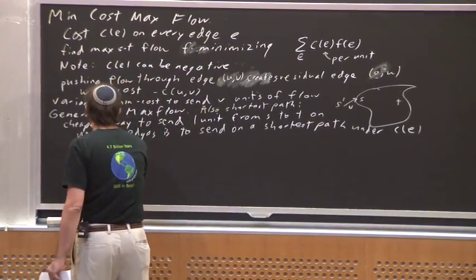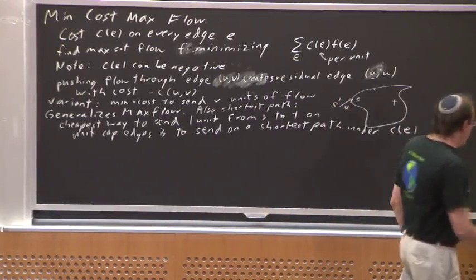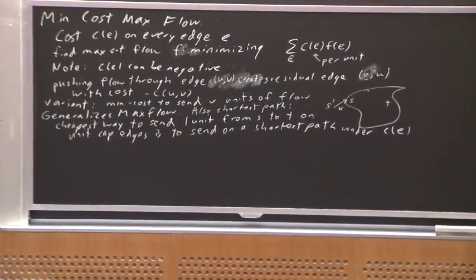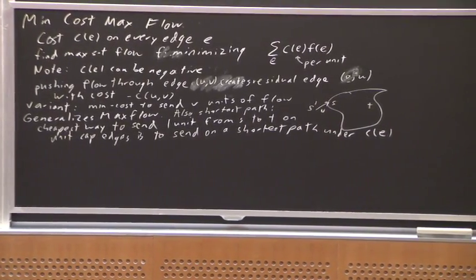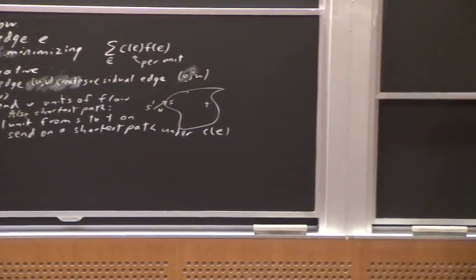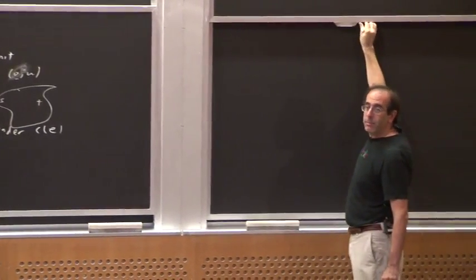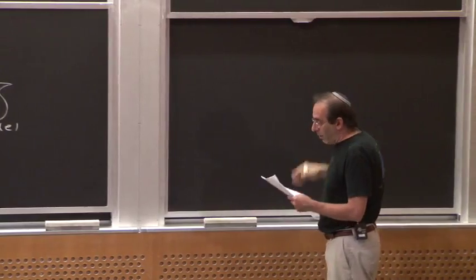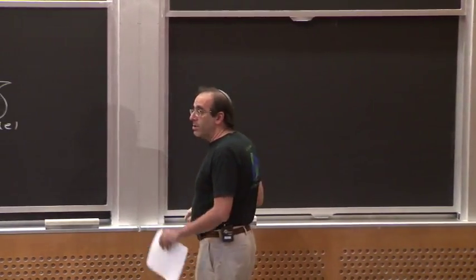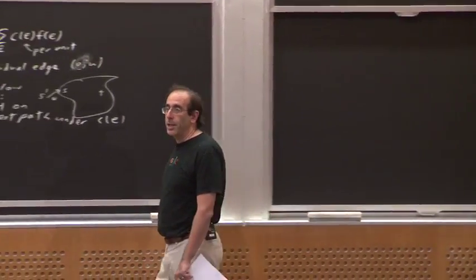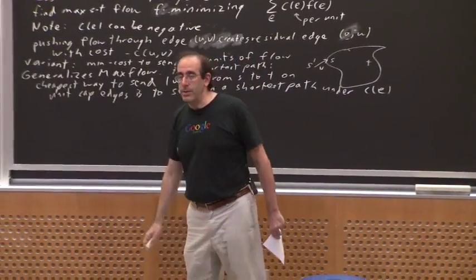So now we're going to try and solve this problem. And we're going to take the same approach as we did last time. Before we get into algorithms, let's figure out the structural aspects of this problem. So if we're thinking about structure, what was the first thing that we did for max flow?